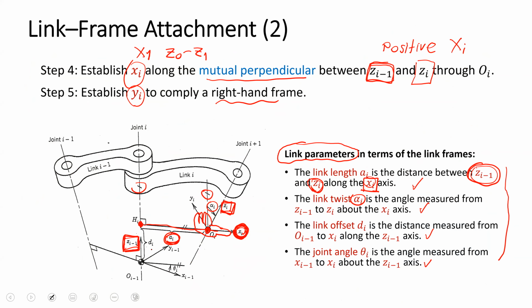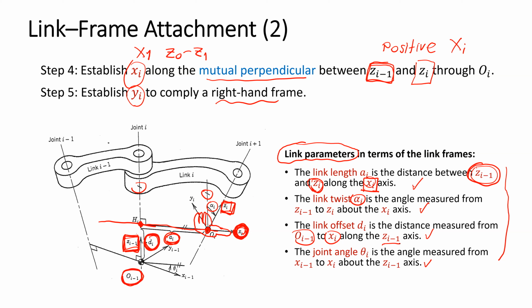The offset is the distance measured from Oi minus 1 to Xi, measured along Ci minus 1.